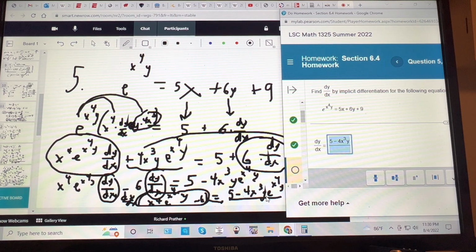Then there's a y, and then there's an e to the x to the, a lot of exponents inside of exponents, x to the fourth y. That's the numerator. The denominator should be this right down here, x to the fourth, e to the x to the fourth y.